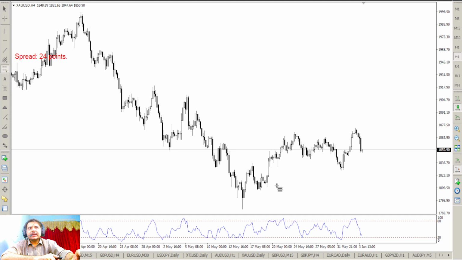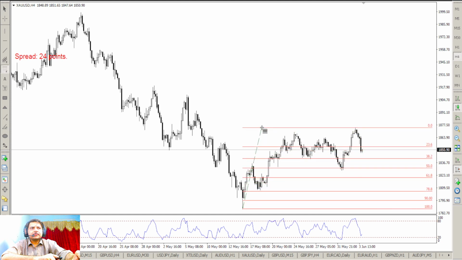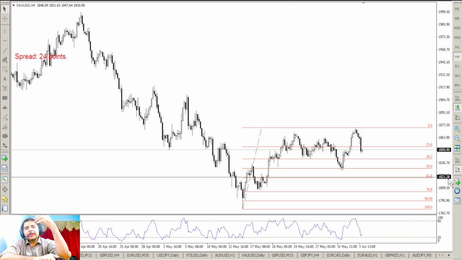This is one level, the 61.8% retracement, and it will be at a price level of around 1821.28.